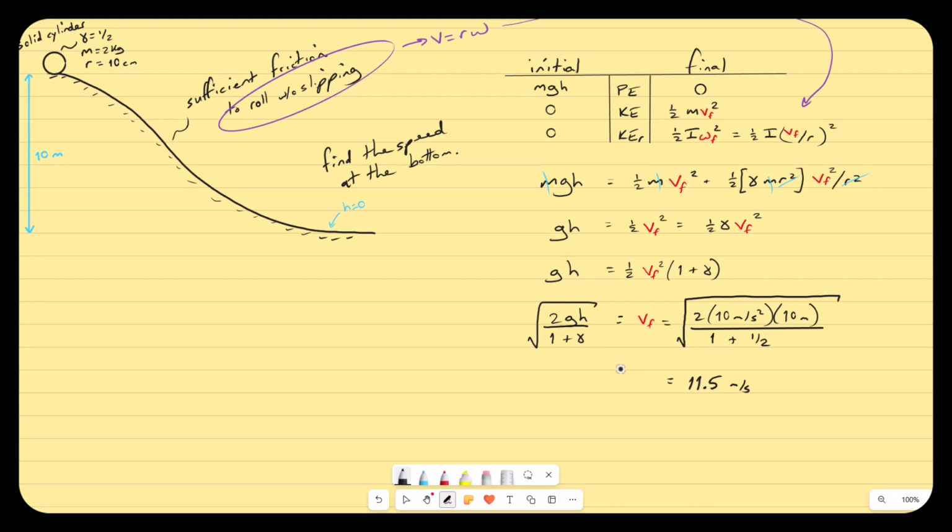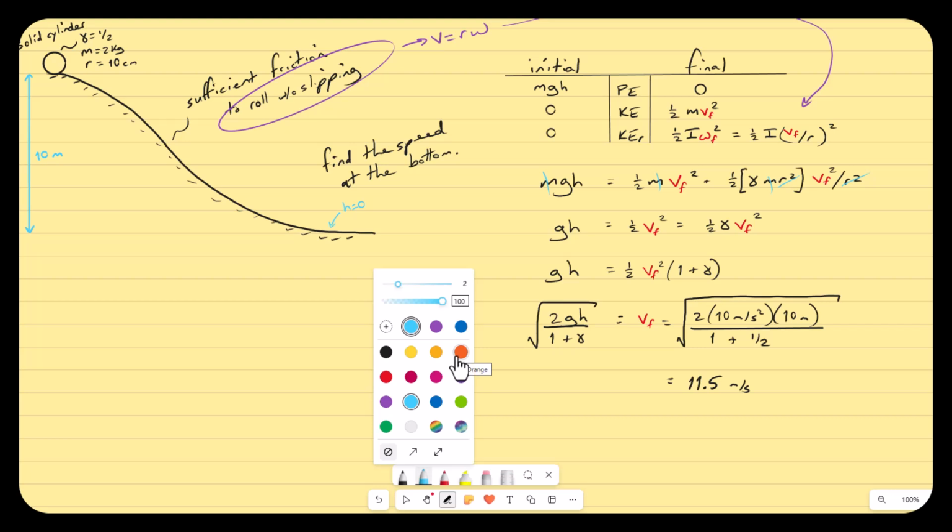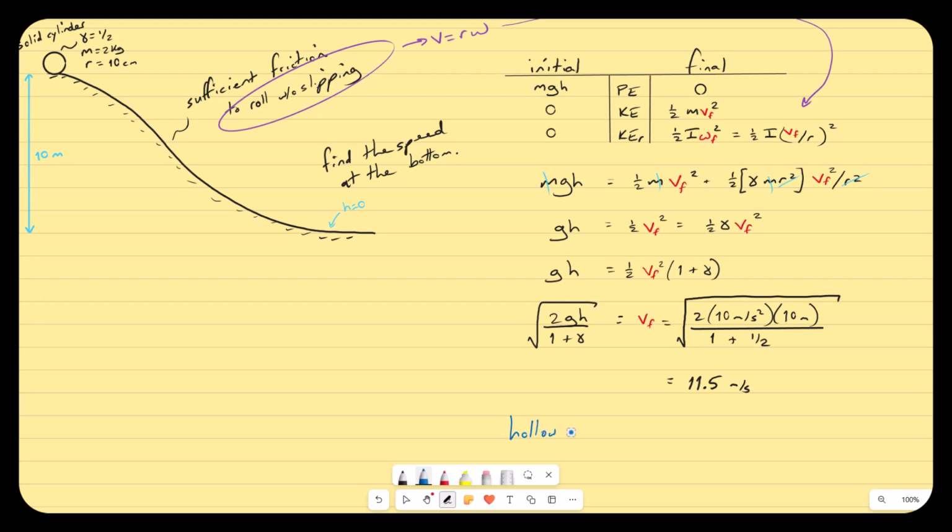What if I have a part B to this question that says, let's do it again for a hollow cylinder, or a hoop. Well, I can use the same exact equation.